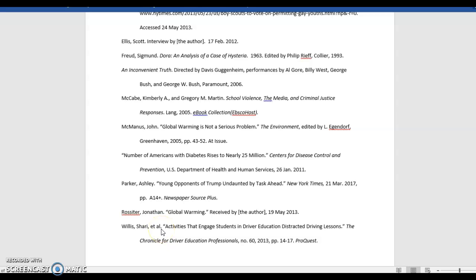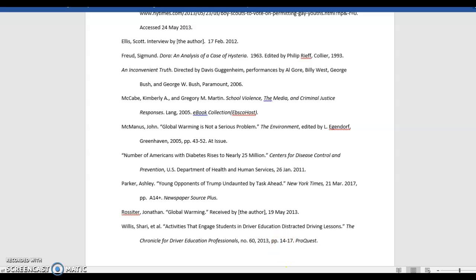This, of course, as we all remember from grammar school, is Latin. Et meaning and, al is an abbreviation for alii, meaning others. Sherry Willis wrote this, but she did not write it by herself. She wrote it with many other people. Who are those other people? I don't know unless I look specifically at the article itself. It's not necessary for me to list it, though, in the works cited.